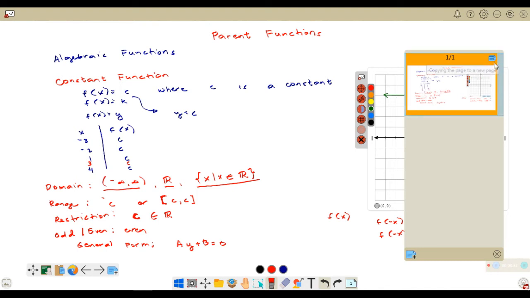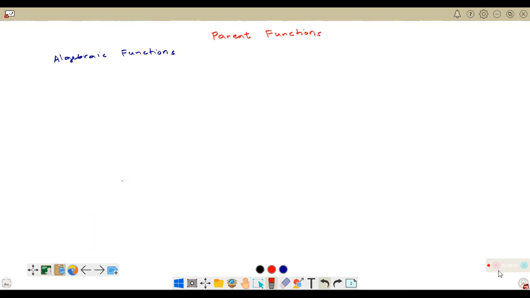So, what will be the parent function of a linear function? Copy lang natin to. Saglit, medyo matagal siya. Okay, this time, let's talk about linear functions. So what will be the parent function of linear functions?